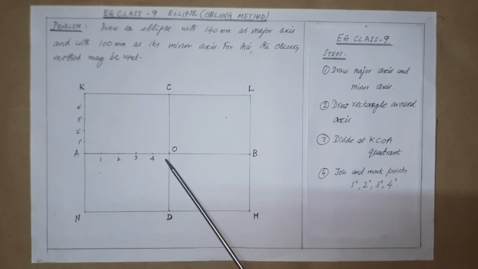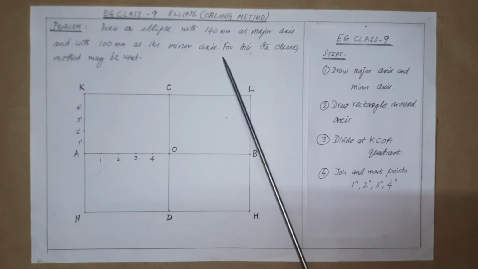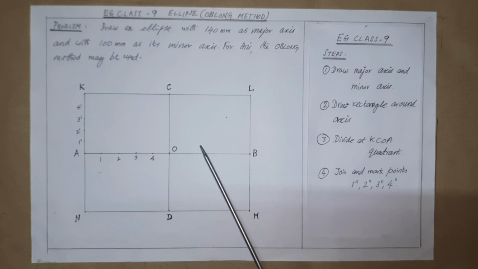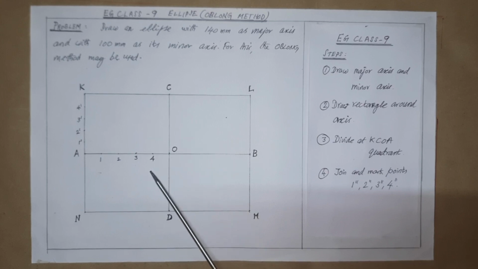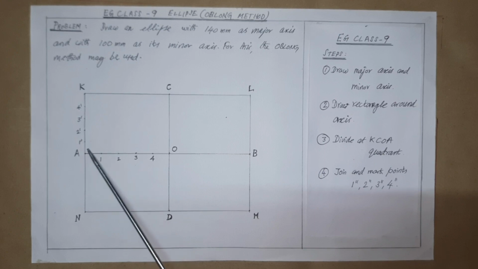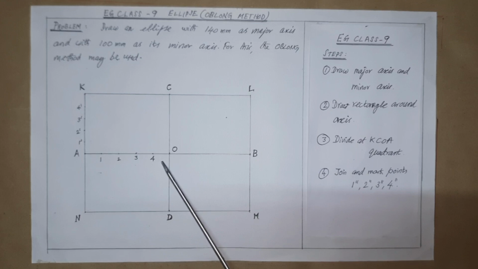AO equals AB by 2. AB is given as 140 millimeter, divided by 2 equals 70 millimeter, divided by 5 parts, that is equal to 14 millimeter. So take this value of 14 millimeter in the divider and use it for AO to divide into 5 equal parts.